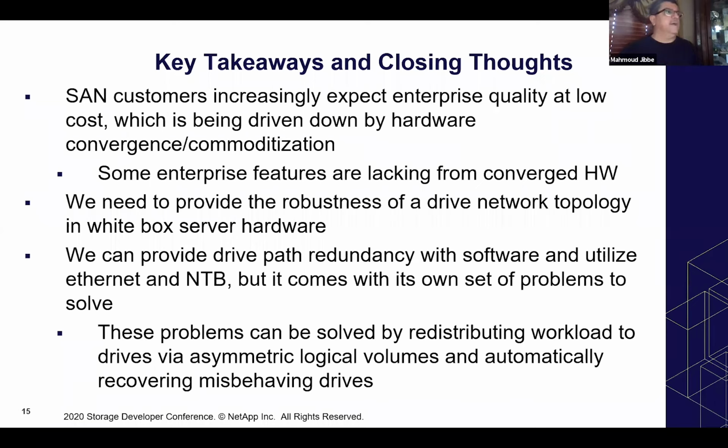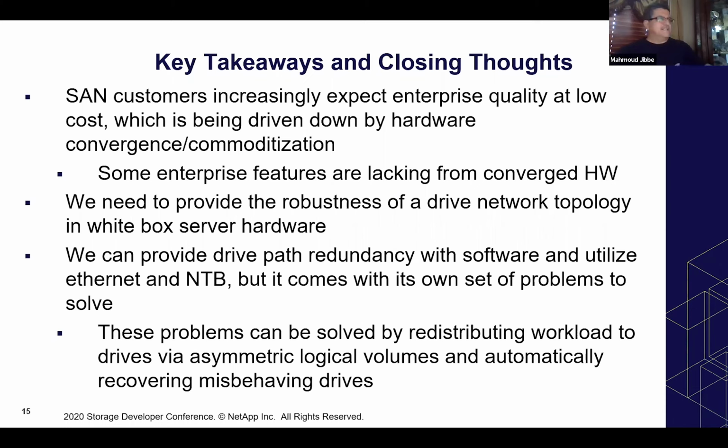So what is the takeaway for our audience today? We can tell them that storage area network customers, at the different product levels, expect much higher enterprise quality today, with the expectation of continuing to have low cost. The low cost is basically driven by the hardware being cheaper and the software being almost free.